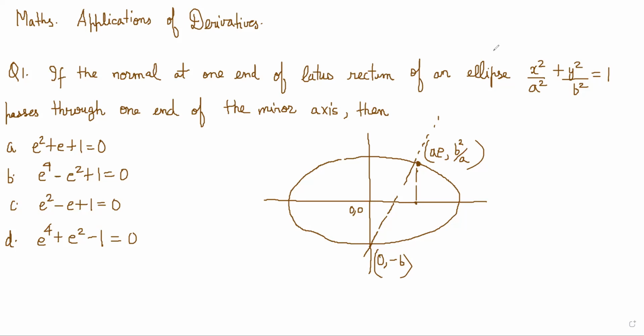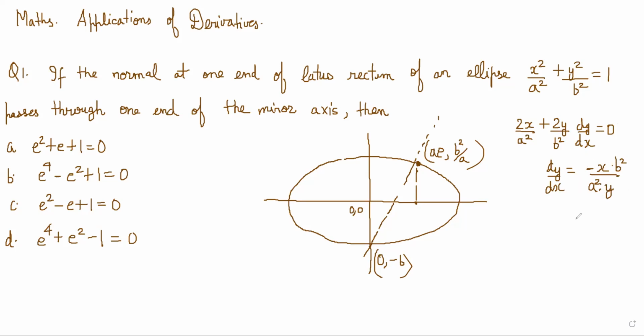Normal at that point will be found by taking the derivative at that point, that will be the slope of the tangent. So we'll get 2x by a square plus 2y by b square dy by dx is equal to 0. So dy by dx will come out to be minus x by a square times b square by y.